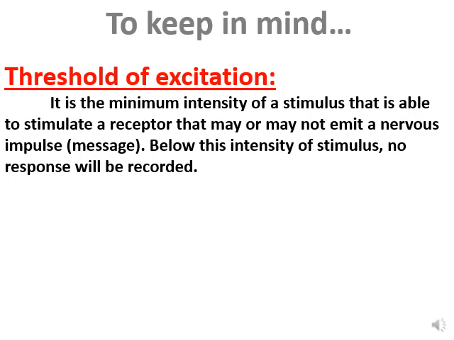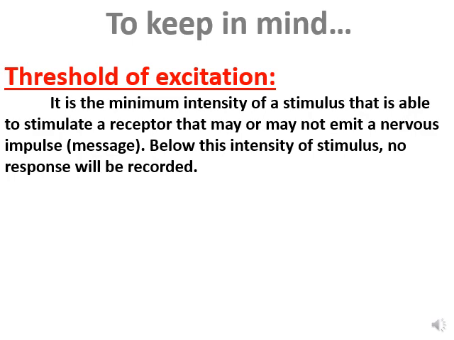Below 30, I didn't feel anything. It's normal. Above 30, I start to feel hot. So this is a simplified example for the threshold of excitation. Another example: if I want to do a reaction, I need 10 grams of, let's say, sodium bicarbonate. Below 10 grams, there is no reaction.